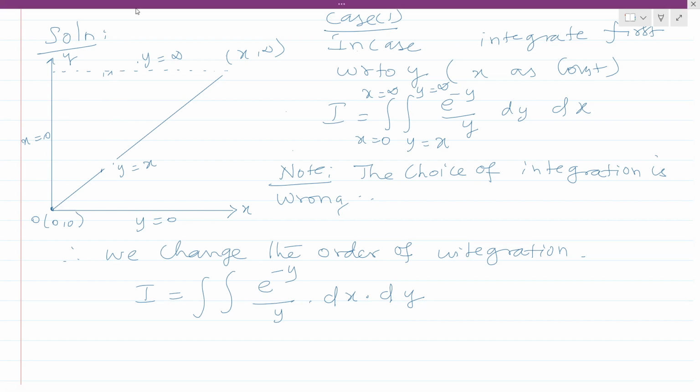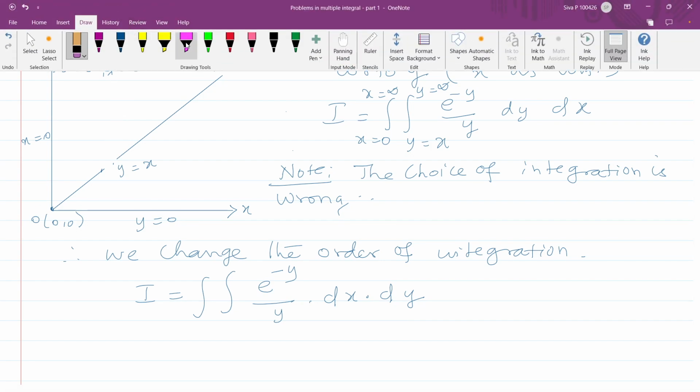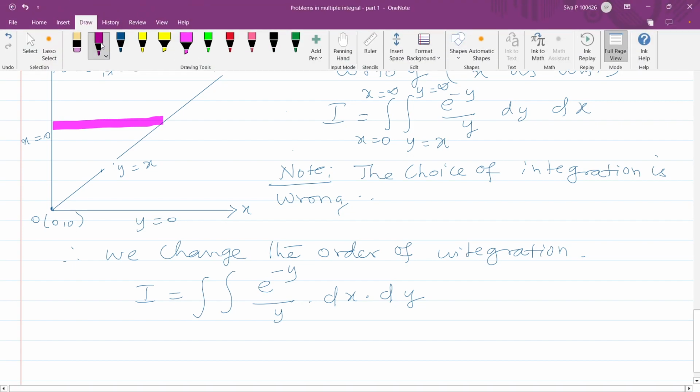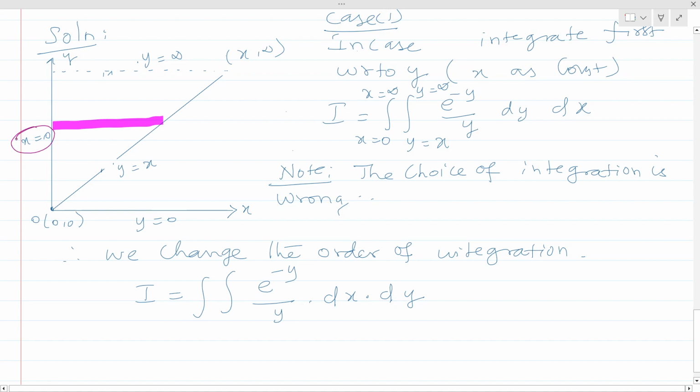If you draw the parallel line to the x axis, it starts from x equal to 0 and ends at x equal to y, is it not? So therefore x equal to 0 to x equal to y, and y varies from 0 to infinity.